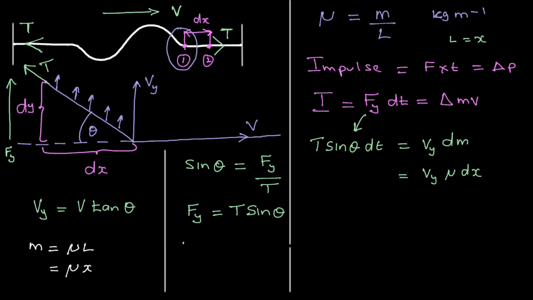So the change in mass, dm, is mu dx, and that's what I put here. To continue, I have T sine theta dt equals vy mu dx.